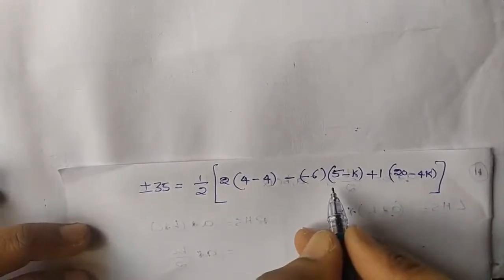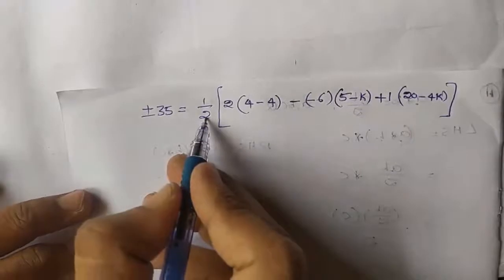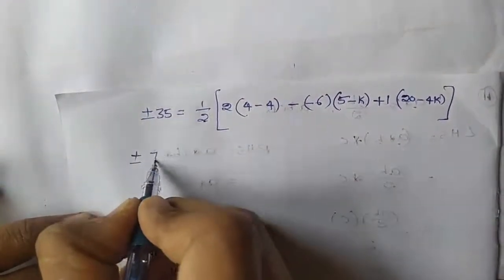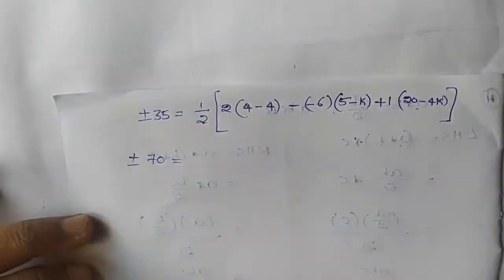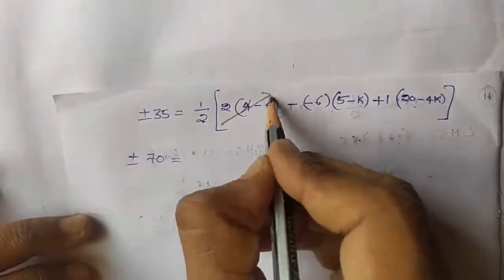This step I have already explained. Take this 2 to the left, that will multiply, so plus or minus 70 equals, here 4 and 4 get cancelled, this term will be 0.